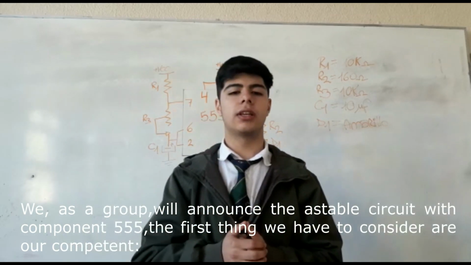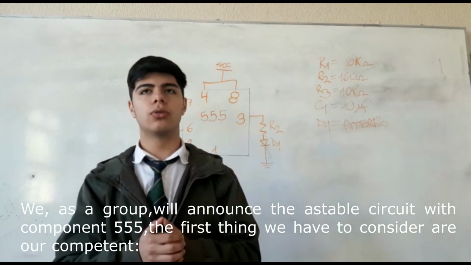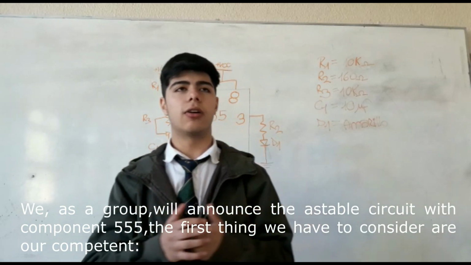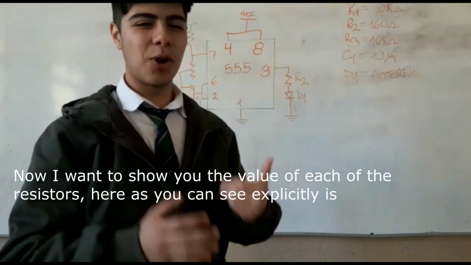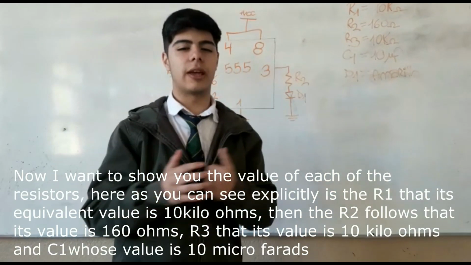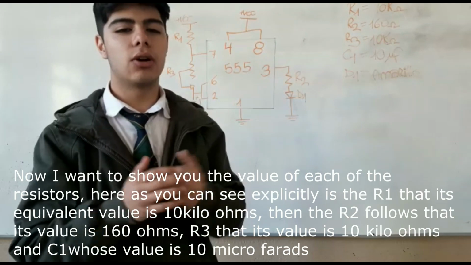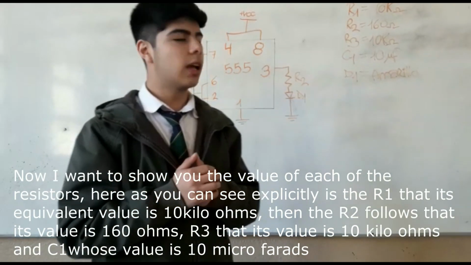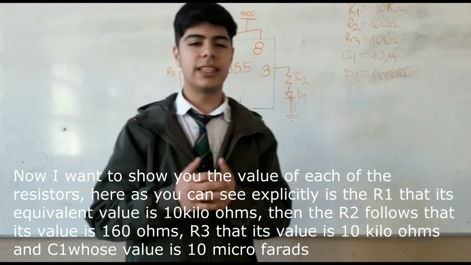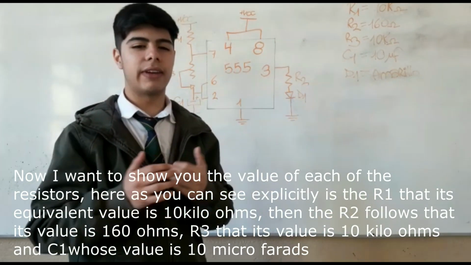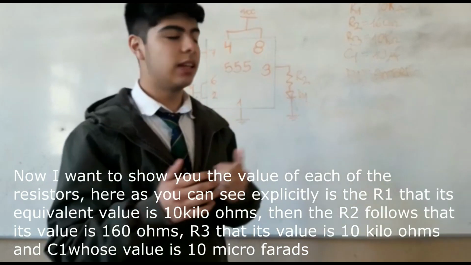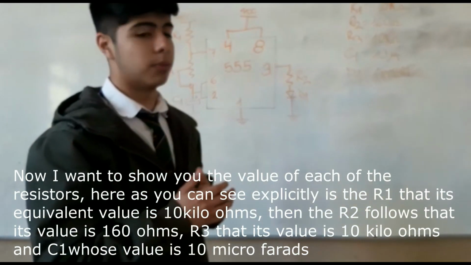The first thing we have to take into account are our components. Note, I want to show you the value of each of the resistors. Here, as you can explicitly see, R1 has a value of 10 kilo ohms.